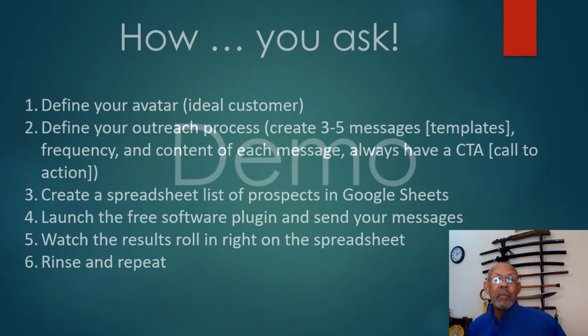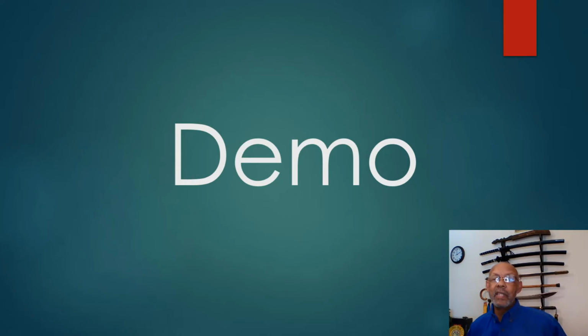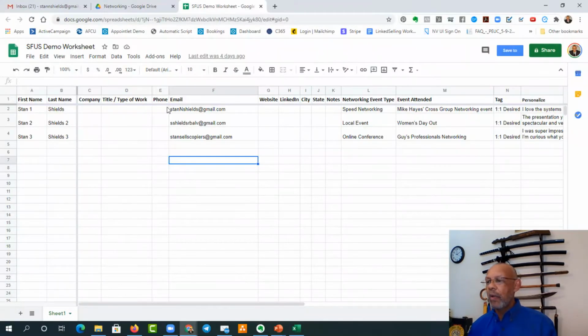Now, we're going to do a little bit of a demo. So I'm going to leave the slide for just a second and go over to a different tool. You should now see the spreadsheet that I've already created. In the interest of time, I've done it in advance, because otherwise this presentation will take forever.